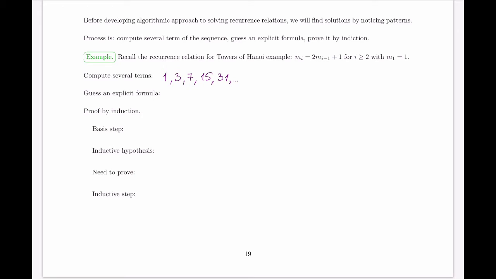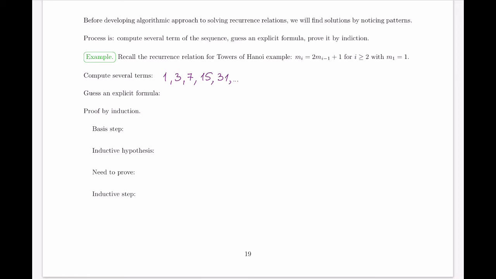Hopefully, you realize that the first term being given to us isn't actually part of our pattern, and the pattern will start from the second term on. And the powers of 2, what are the powers of 2? 2, 4, 8, 16, 32. These numbers, again, except for the first one, are actually just 1 less than that. So my guess at the explicit formula is that the Towers of Hanoi numbers are just 1 less than the corresponding power of 2.